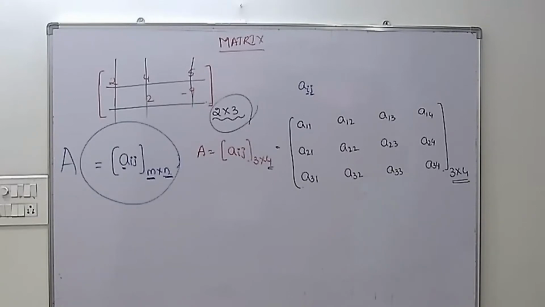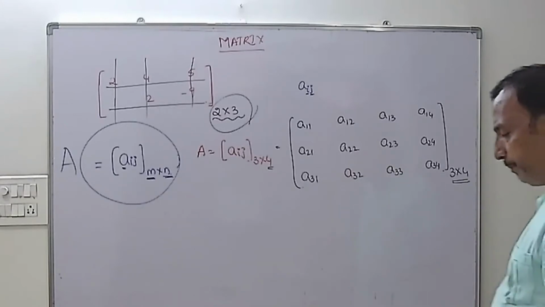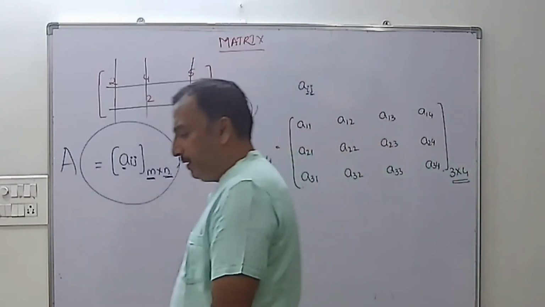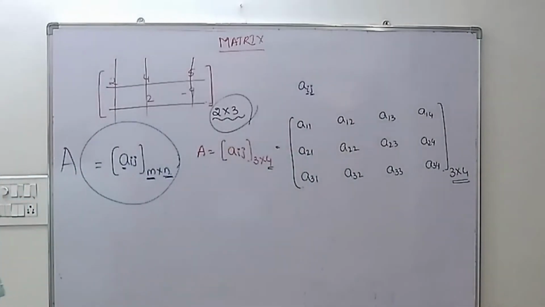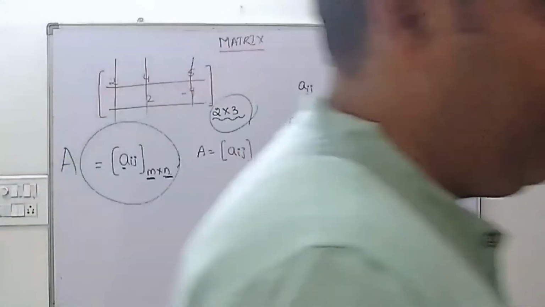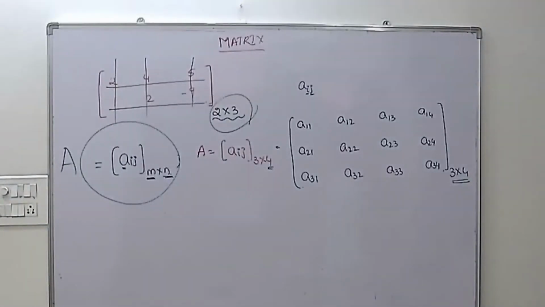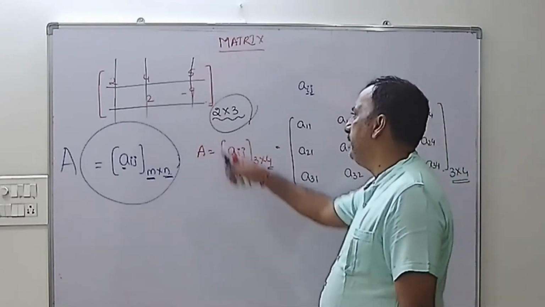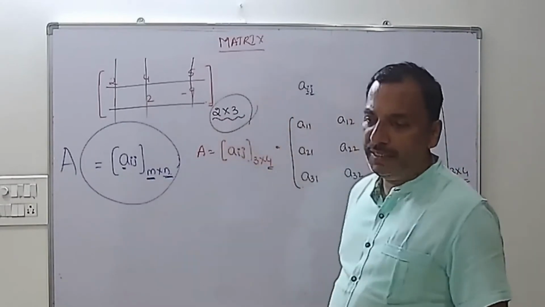The order of a matrix is 2/3 implies the matrix contains 2 rows and 3 columns.